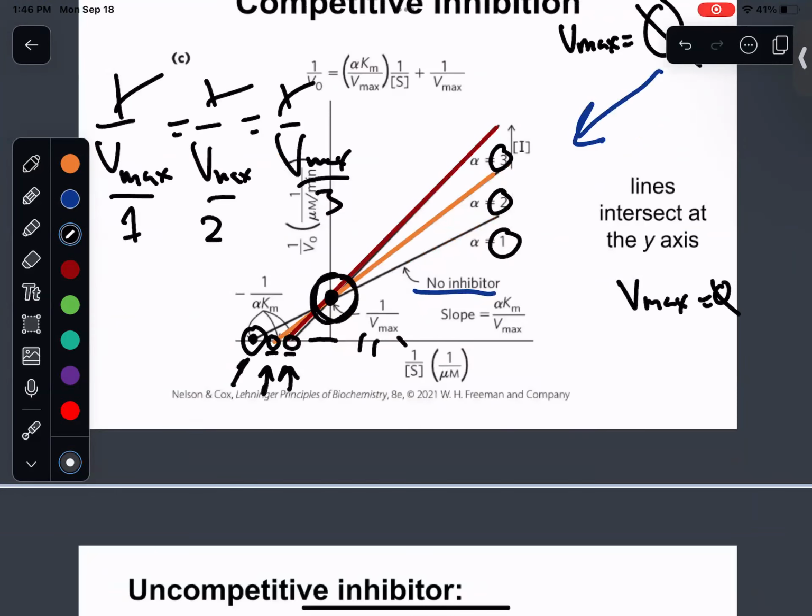And what does that tell me? There's been a change. The inhibitor invoked a change in the Km. So Km, or in this case, because there's an inhibitor involved, alpha Km, apparent Km, is not the same.